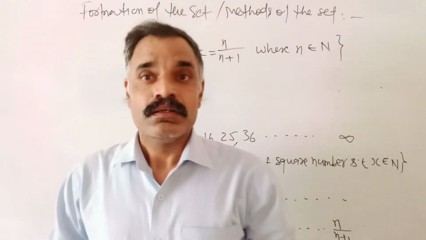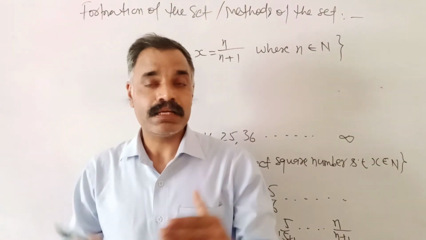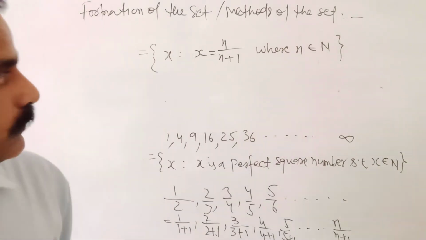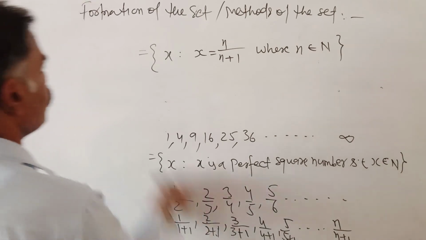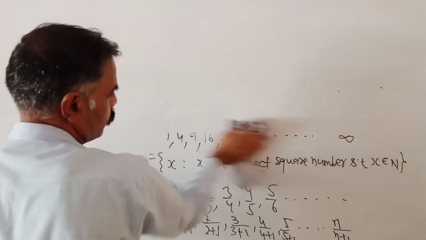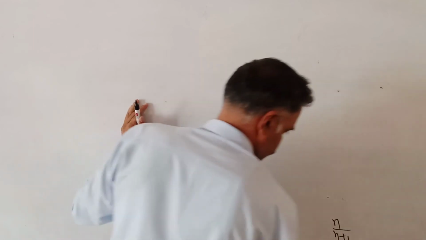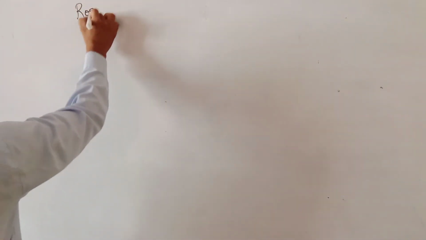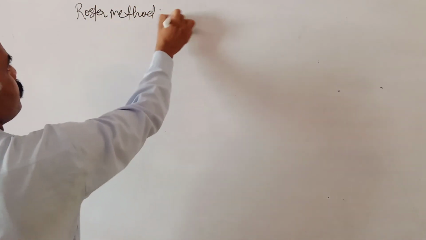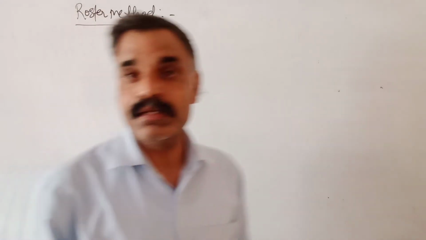Okay students, now we will learn the second method of formation of the set. The second method of representing the set is the roster method.